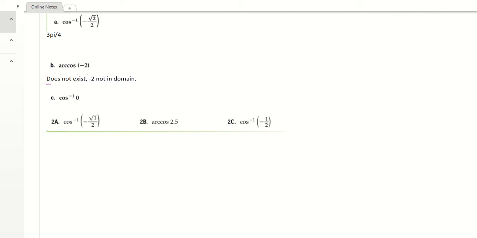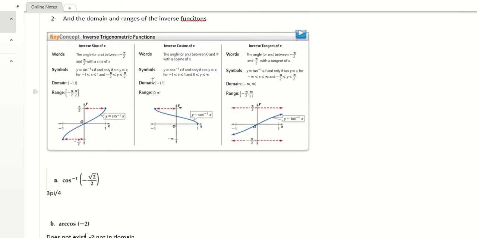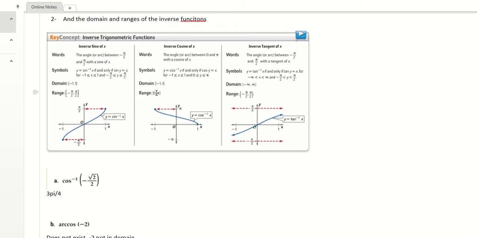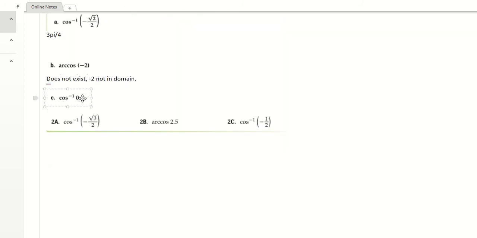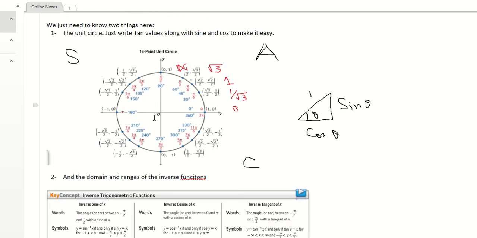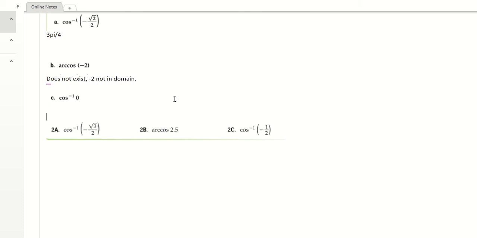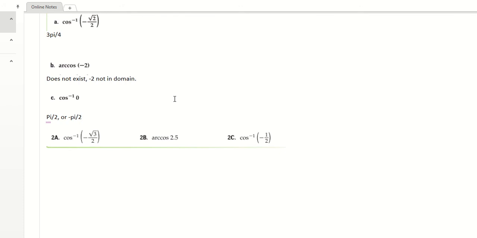What is cos inverse 0? Cos is 0 at pi by 2, or actually could be 0 at minus pi by 2. So it could be either pi by 2 or minus pi by 2.